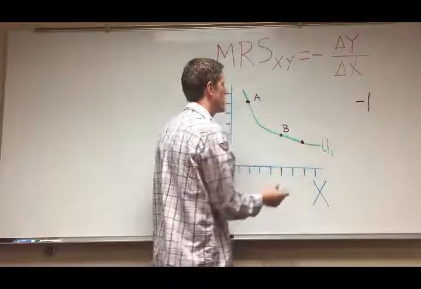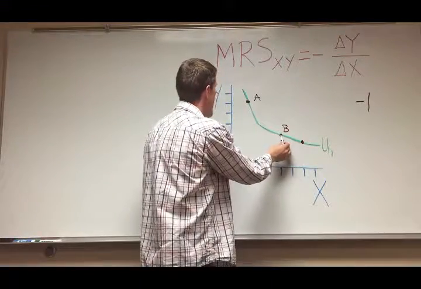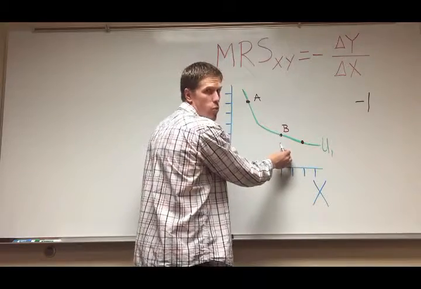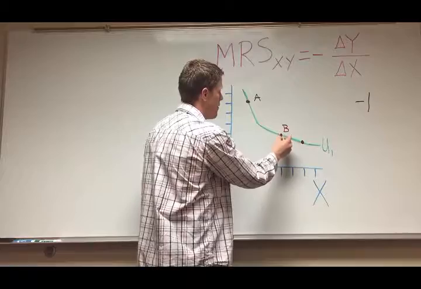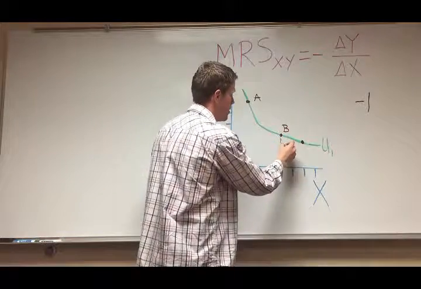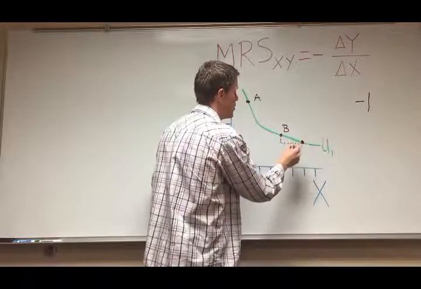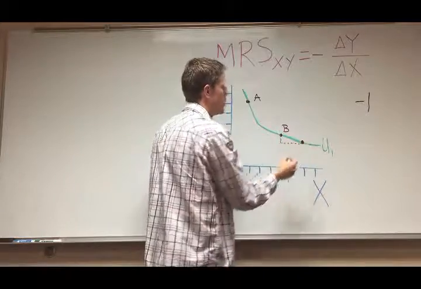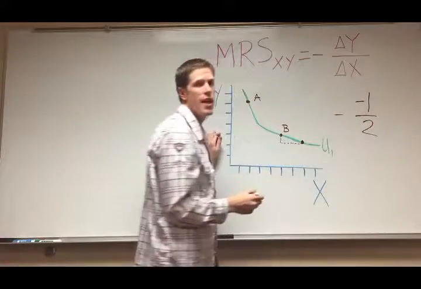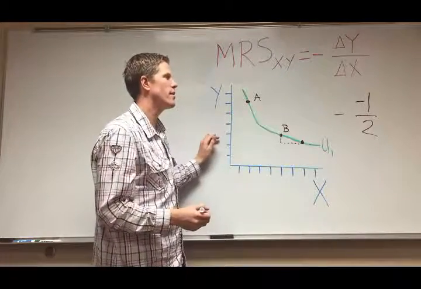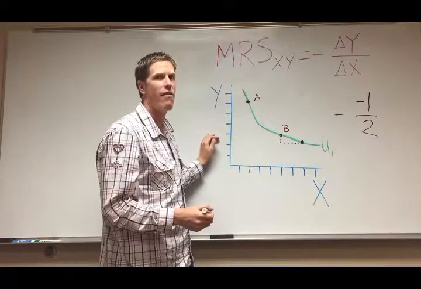We go down 1 y and over 2 x, so we have a change in x of positive 2. We have to make this negative, so our marginal rate of substitution is 1/2.